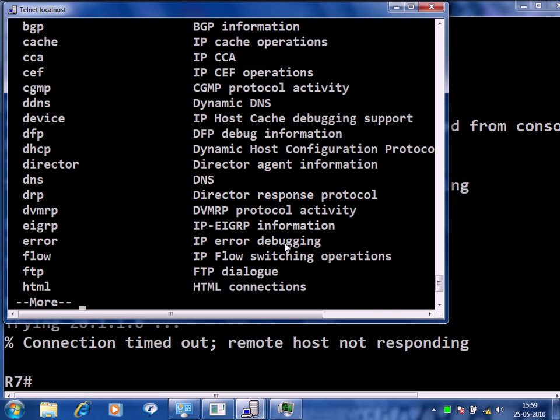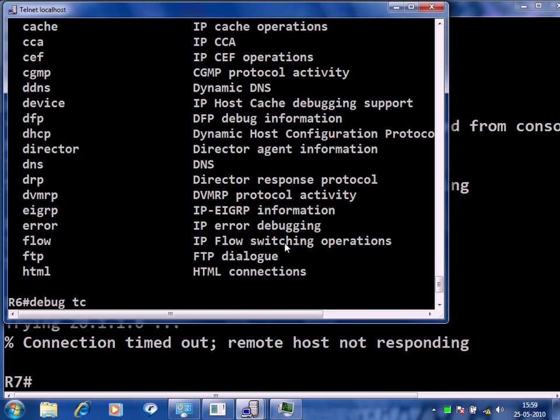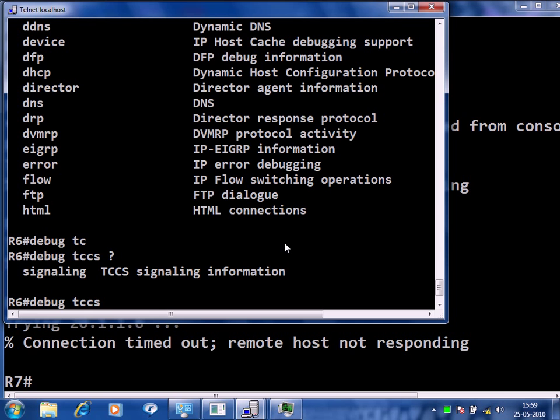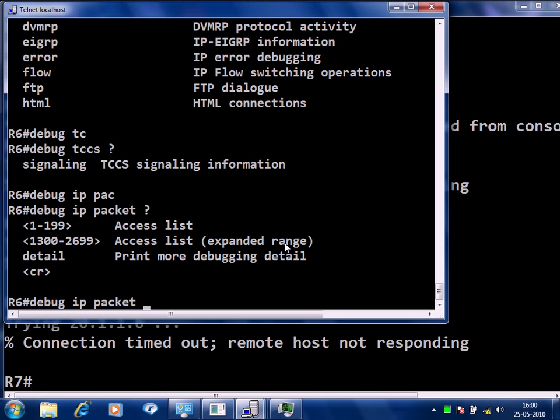Okay, let's say TCP. No, TCP is not there. Packet. Yes. See, here is the hint on your screen.